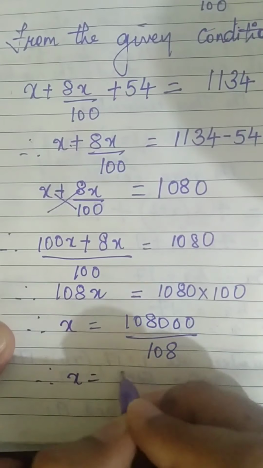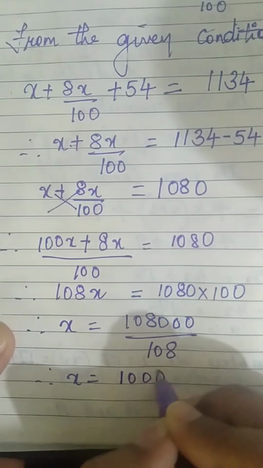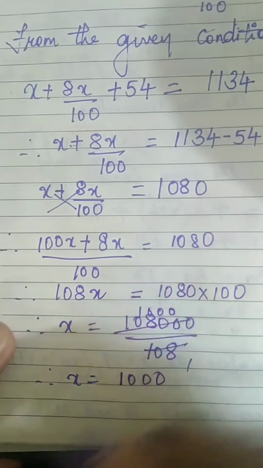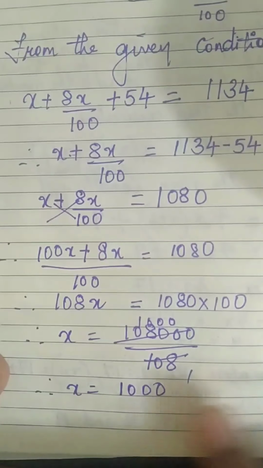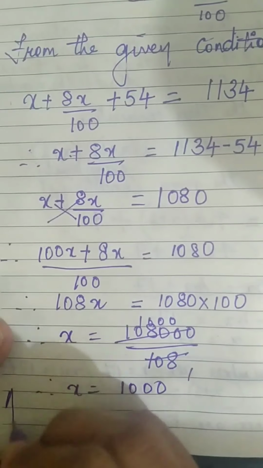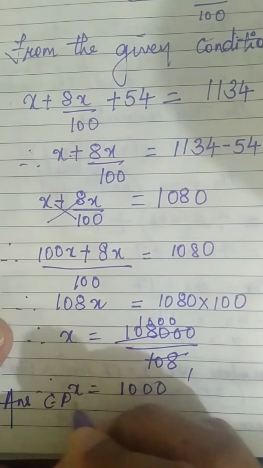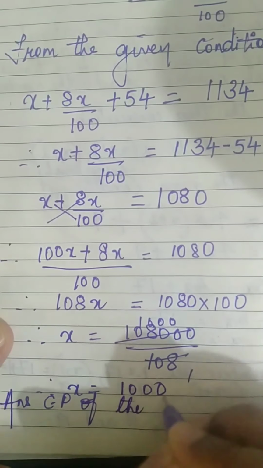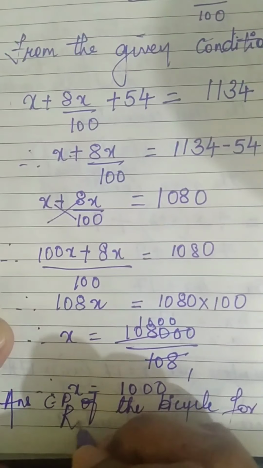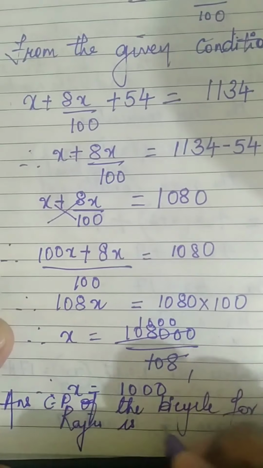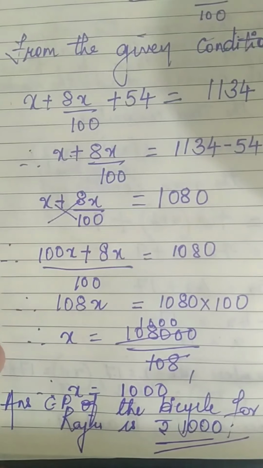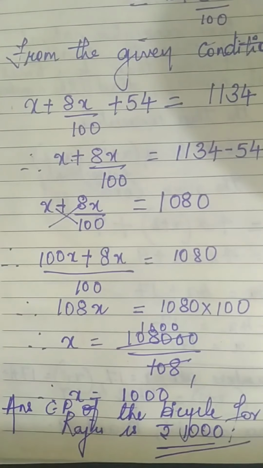Therefore, x is equal to 1000. Correct, no? What was x? The price for which Raju purchased it. That was x. So, we got the answer. Right answer. Cost price of the bicycle for Raju is rupees 1000. Okay, children. I hope you understood the sum well.